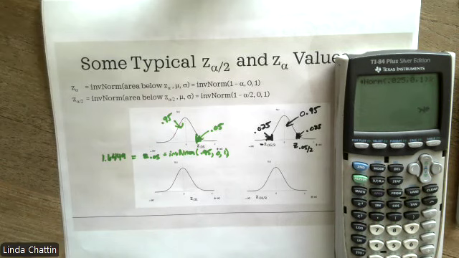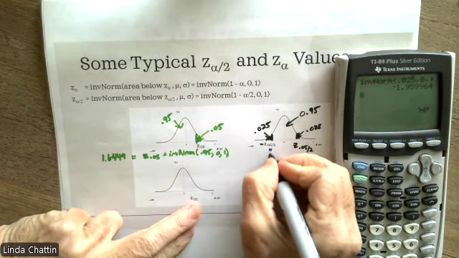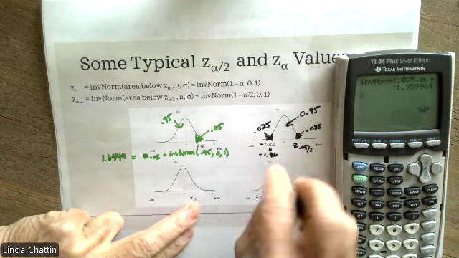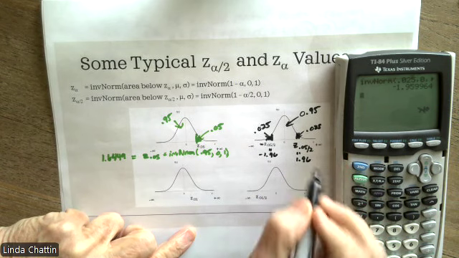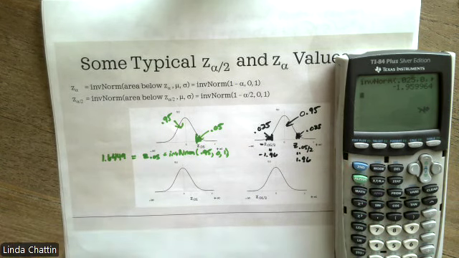And what do I get? I get minus 1.96 for this value, so the positive value of that is 1.96. Sometimes these positive and negative values are confusing when you're using the calculator and looking at this distribution, so I wanted to show you some of the different manifestations we can often see.